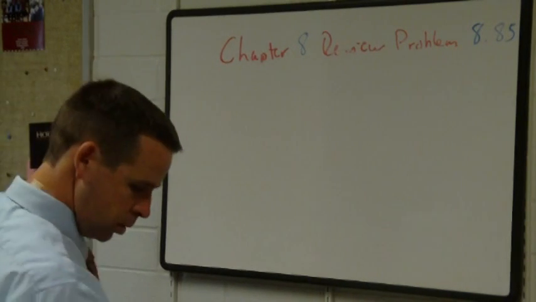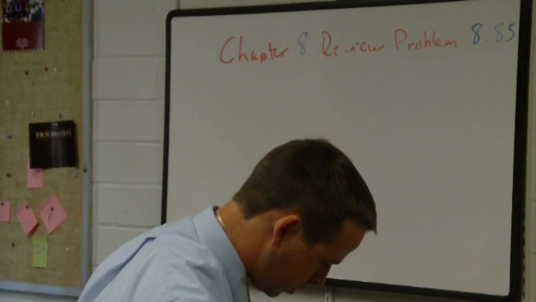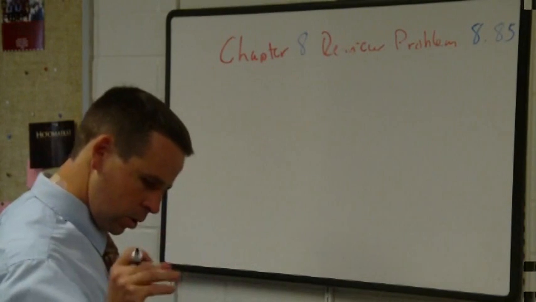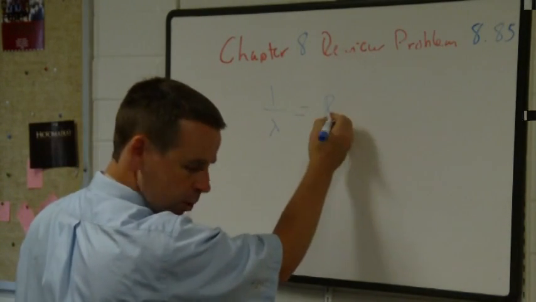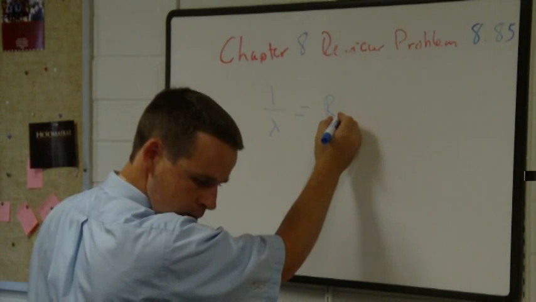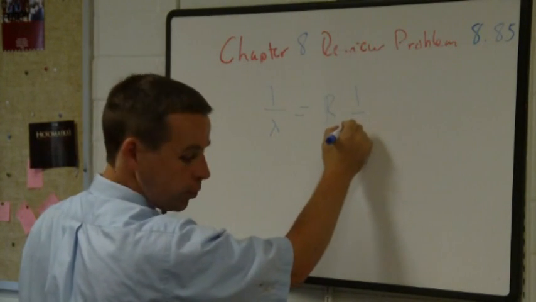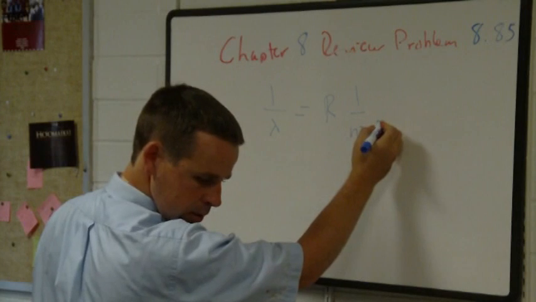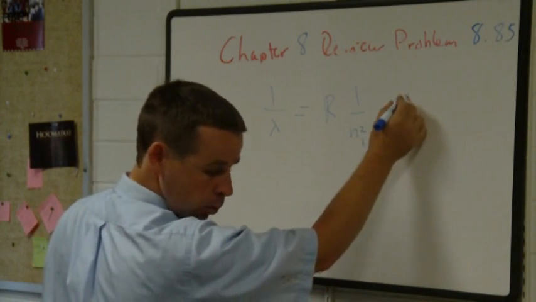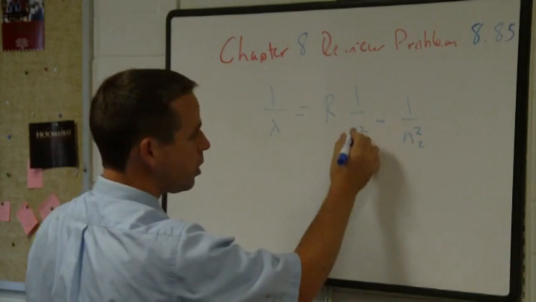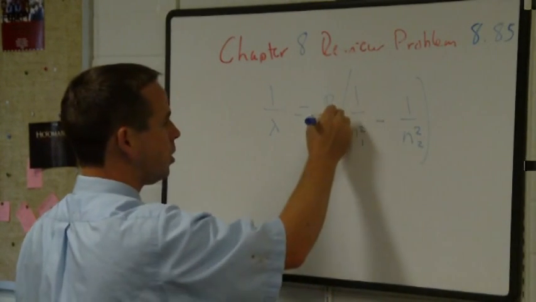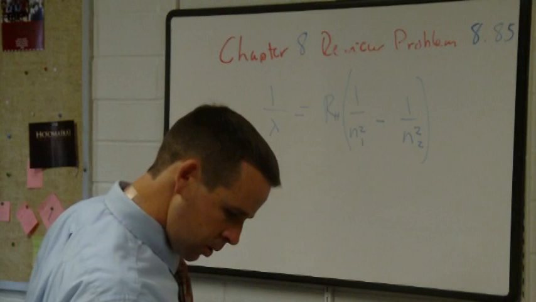All right, so are we on 885 still? Yeah, 885. All right, so we have the Rydberg equation. 1 over the wavelength equals the Rydberg constant times 1 over N1 squared minus 1 over N2 squared.